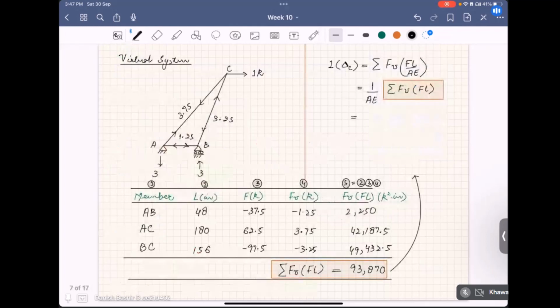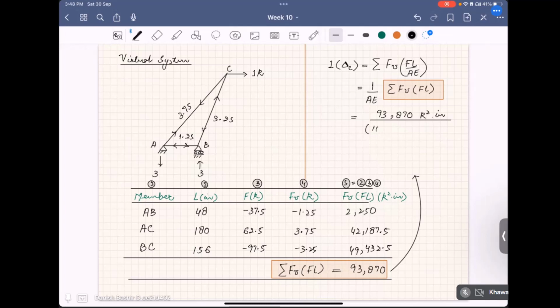So what value I will get is that first I have to write 93,870, and it is kilo pound square times inch. And what is the value of A and E?